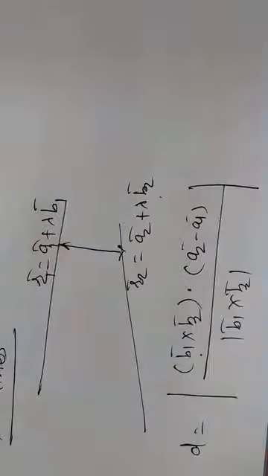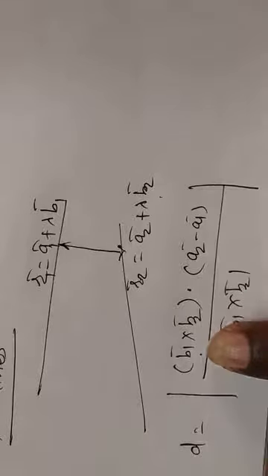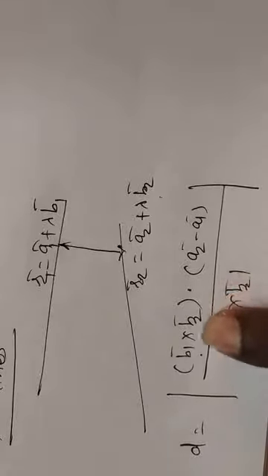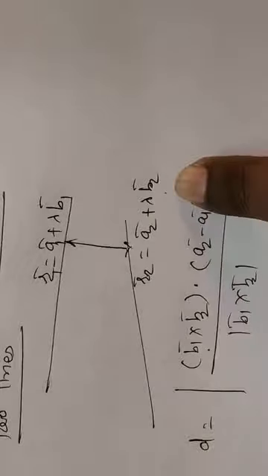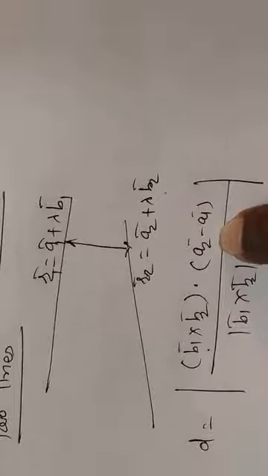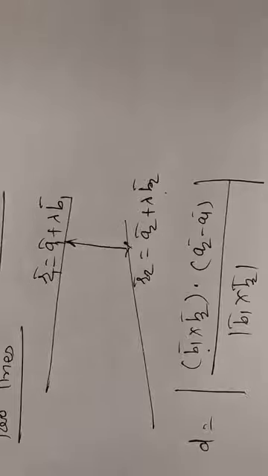This is the shortest distance formula between any two lines. The cross and dot product combined is a scalar triple product, because the answer is a scalar. So we take a cross product of the parallel vectors, a dot product with the subtraction of the two points, and divide by the magnitude of b1 cross b2. This is the formula of shortest distance.